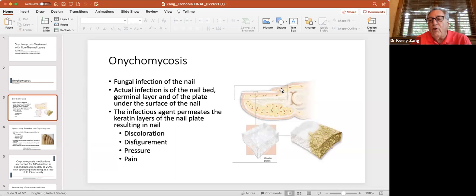If you can see my pointer, it's the germinal layer that harbors the actual mycosis, and the hot lasers cannot access that area at all. The infectious agent permeates the keratin layers, and it results in discoloration, disfigurement, hypertrophy of the nail, subungual debris, pressure, and pain.